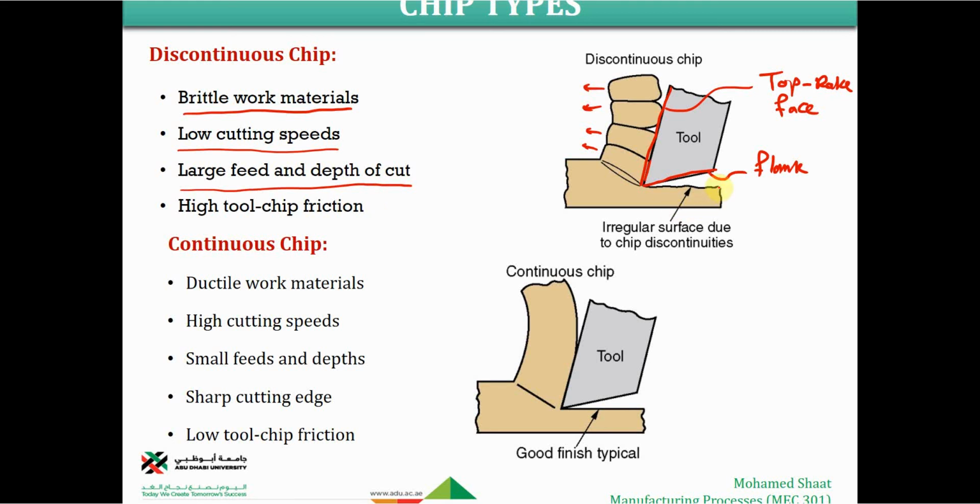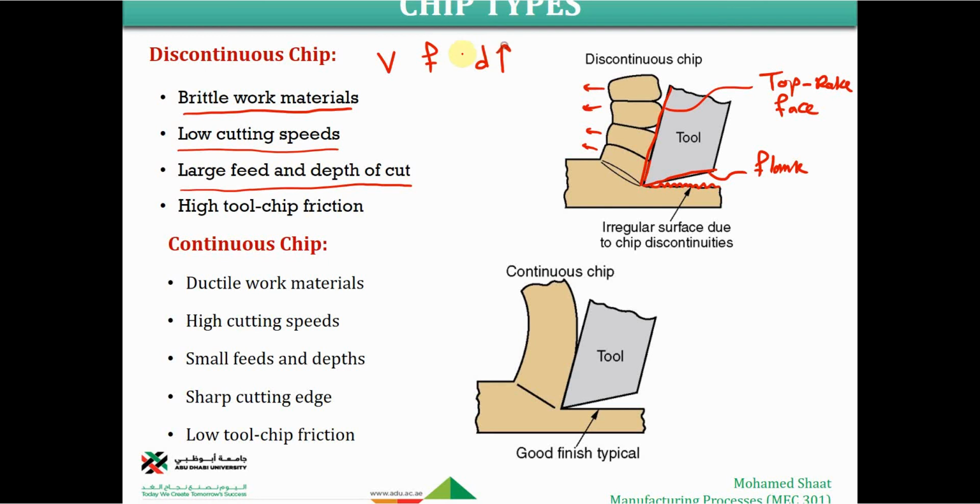So as we increase the depth of cut and the feed and decrease the cutting speed, we are going to end up with a rough surface of the workpiece. We said that we have three cutting conditions, which are the cutting speed, the feed and the depth of cut.